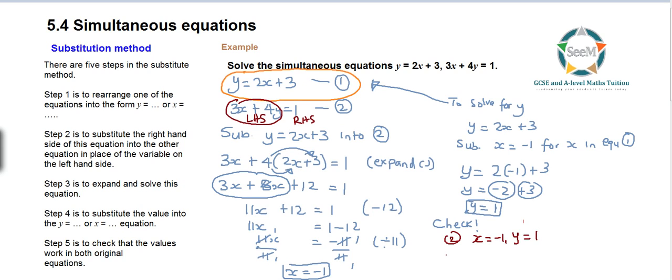So 3 bracket minus 1 plus 4 times 1. Well, 3 times minus 1 is minus 3, plus 4 equals 1. So you can see that the left hand side, when we plug those values in, gives us the right hand side. So LHS equals RHS. So our solution is correct.